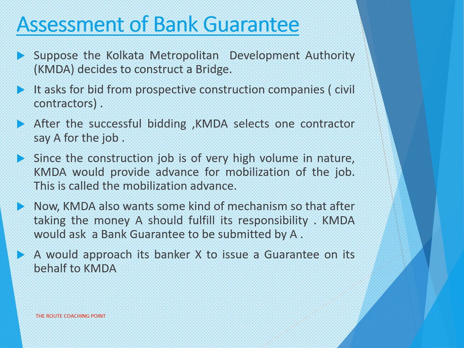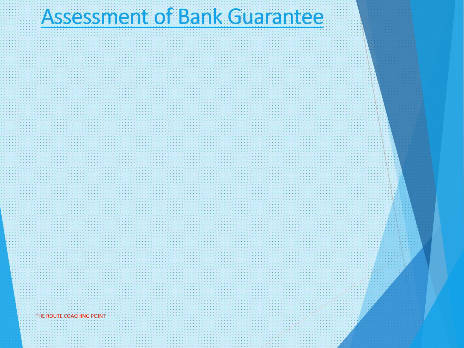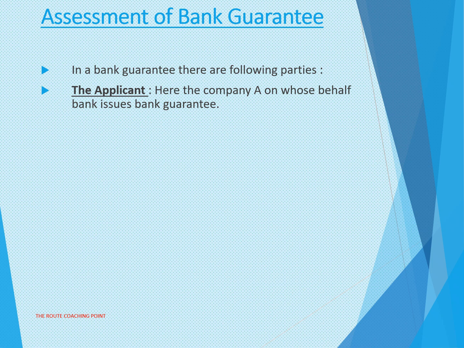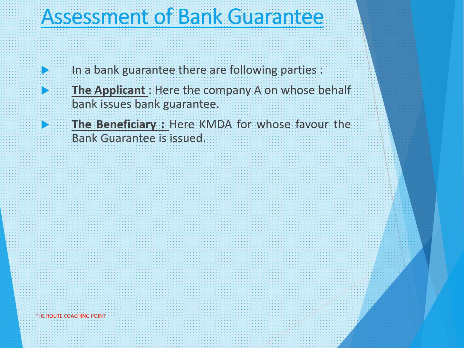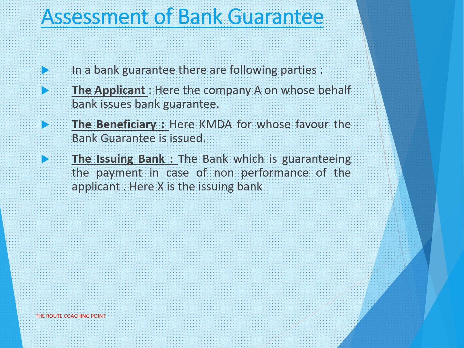So Dilip Buildcon will go to SBI to have a bank guarantee in which SBI will guarantee on behalf of Dilip Buildcon to KMDA. So in a bank guarantee, there are the following parties: the applicant, here company A, or Dilip Buildcon, on whose behalf the bank issues the bank guarantee. Bank is SBI. Beneficiary is KMDA. Issuing bank is, suppose, SBI. We have already discussed.